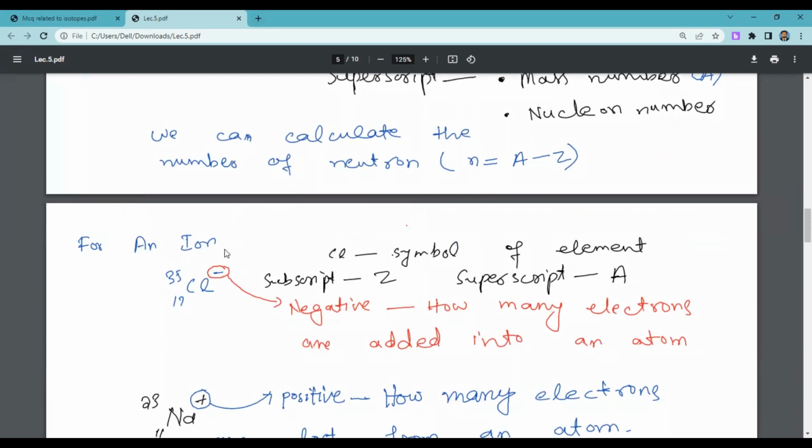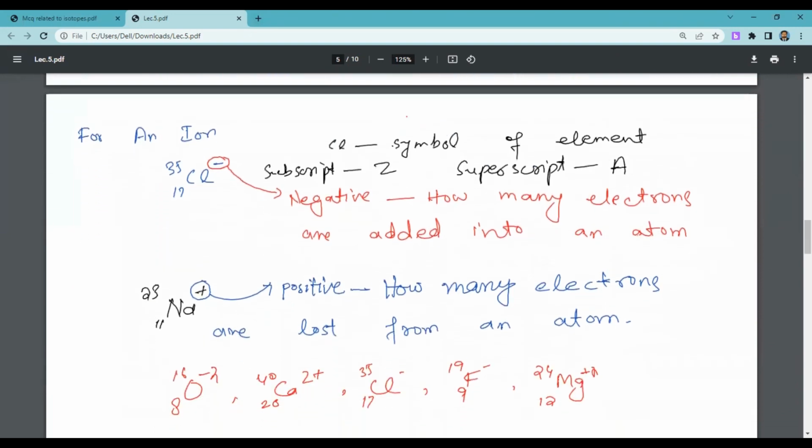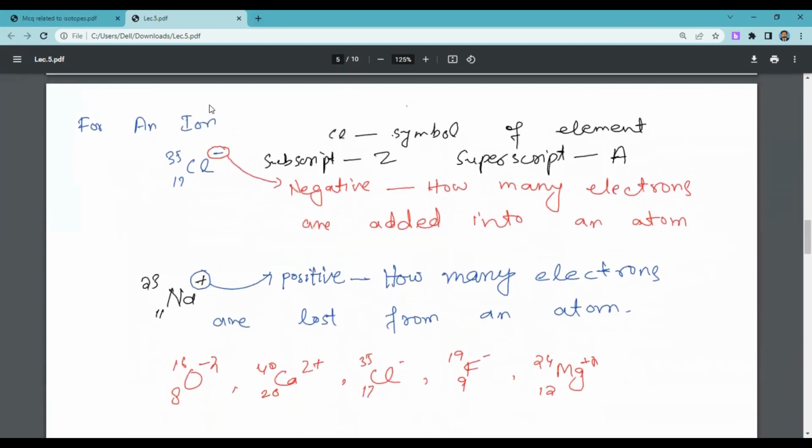If we talk about an ion, an ion is a species which contains a positive or negative charge in it. We discussed it also in the previous lecture. For an ion, Cl negative, chlorine 17 and 35, the subscript will also show the atomic number, and the superscript will also give information about the atomic mass.